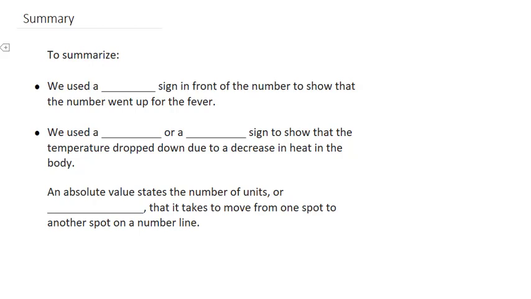So to summarize, we have used a plus sign in front of a number to show that the number went up for fever. We have used a negative or a minus sign to show that the temperature dropped down due to a decrease in the heat in the body.